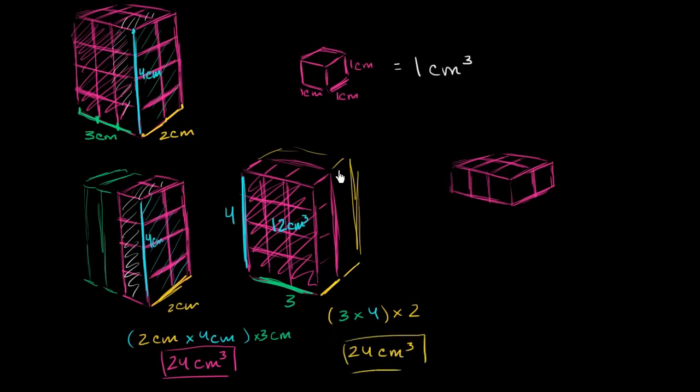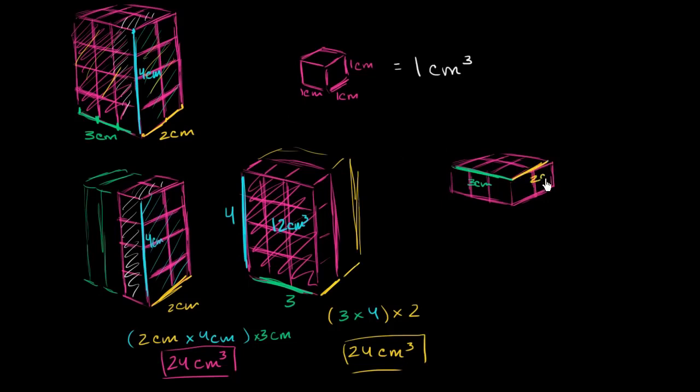And you can imagine you could do the same thing, not with this surface, but with the top surface. The top surface is 3 centimeters deep and 2 centimeters wide.